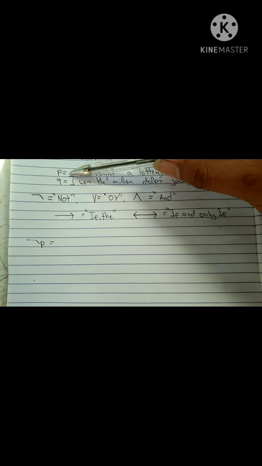In this video, we will transform logical expressions into logical sentences. First, we have two propositions, P and Q. P is "I bought a lottery ticket this week," and Q is "I won the $1 million jackpot on Friday."